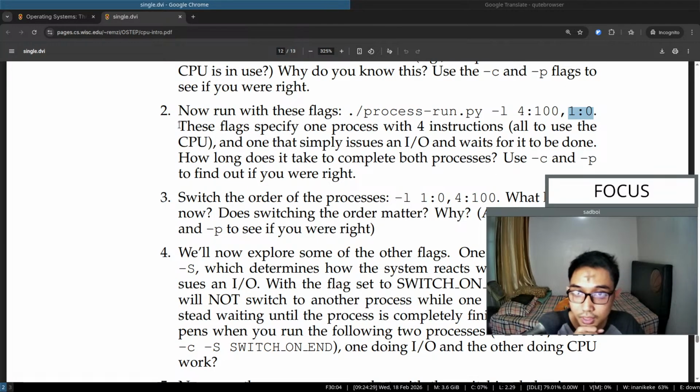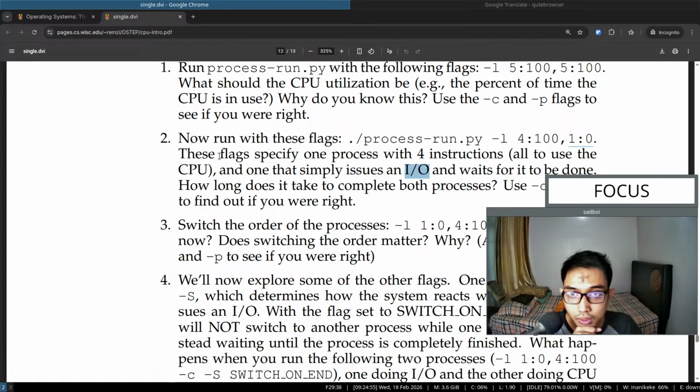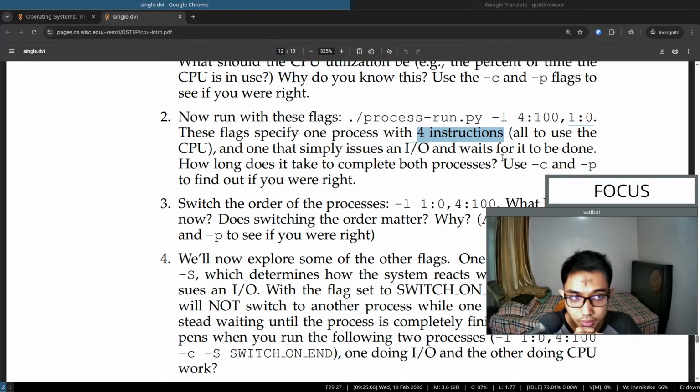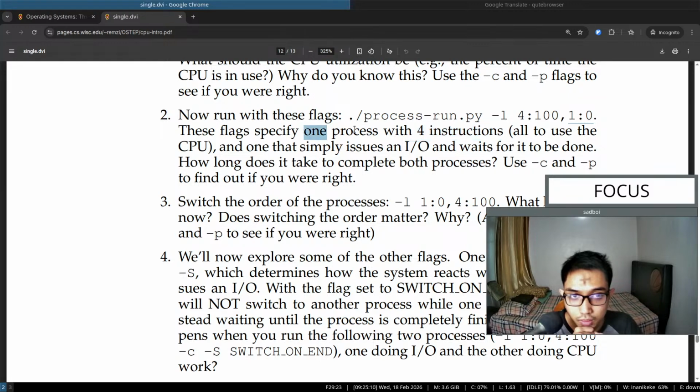Okay. This flag specifies one process with 4 instructions that use the CPU, and one that simply issues an input-output and waits for it to be done.